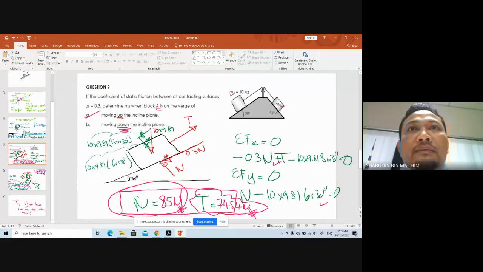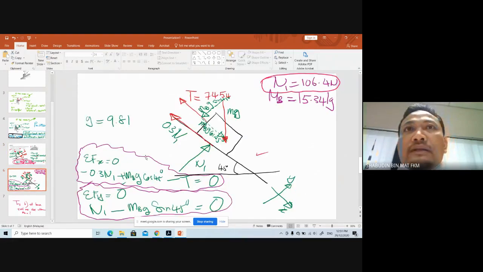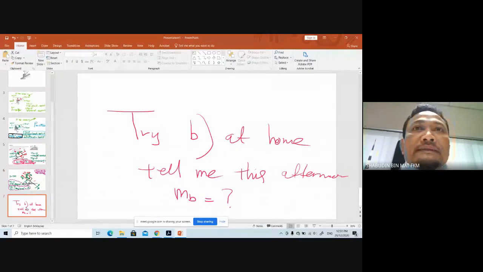It means that mu 0.3 n is going up for the first object. T doesn't change in direction. For that one, T also doesn't change in direction. The only thing which changes is 0.3 n1. So tell me what is mb.